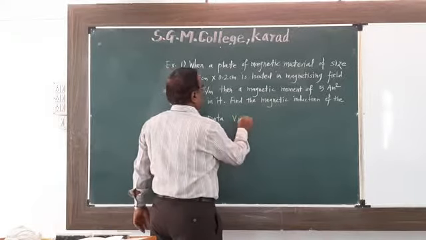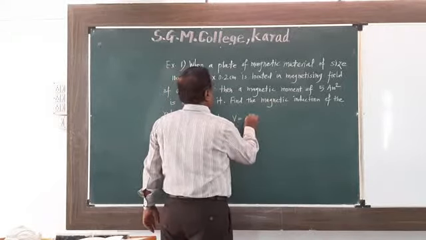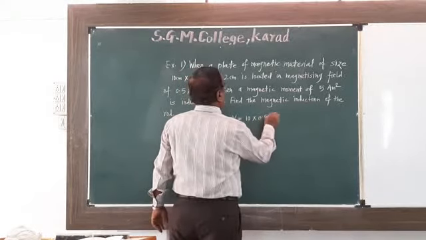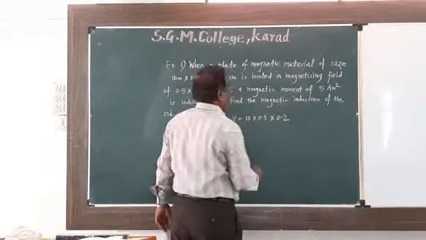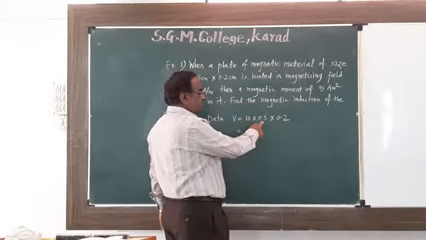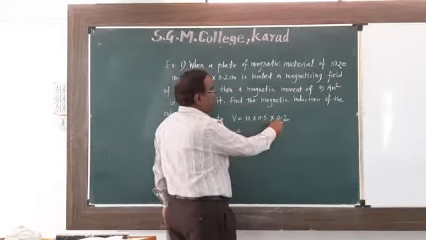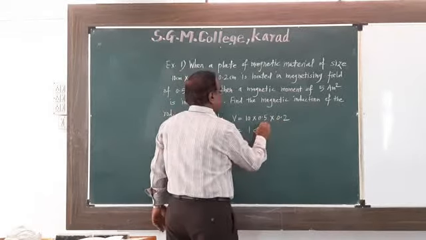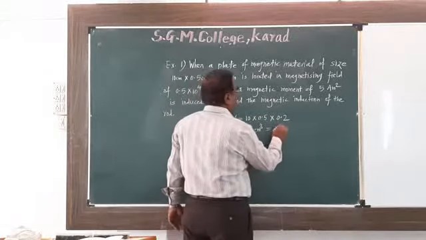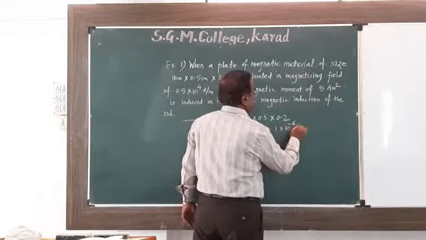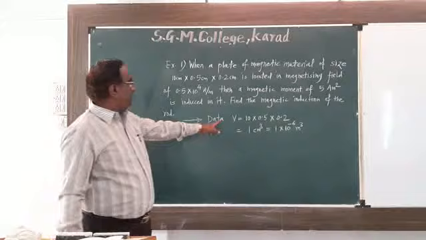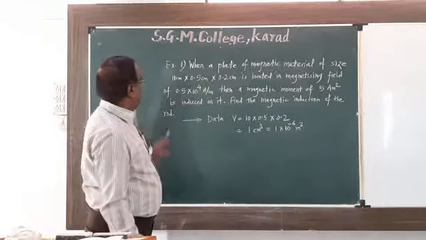Volume is equal to 10 × 0.5 × 0.2. 10 multiplied by 0.5 means 5. 5 into 0.2 means 1 cm³. And we will convert this to SI unit, m³: 1 × 10⁻⁶ m³. This is the volume of the plate.